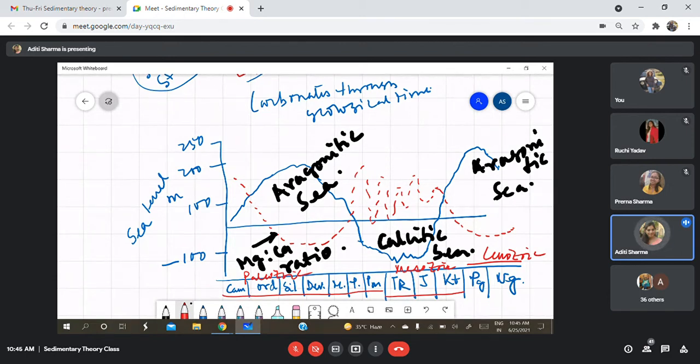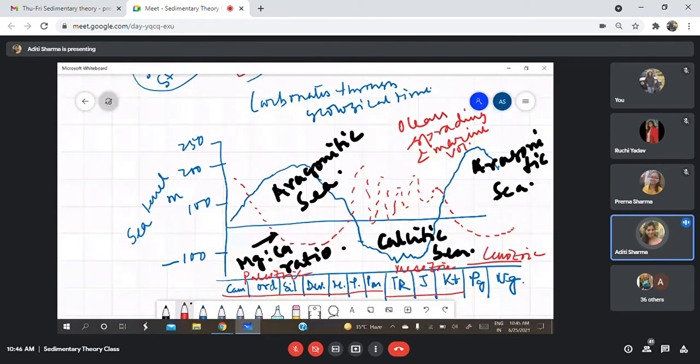There were times when the sea changed. Now what is the reason behind that? During times of more ocean spreading and marine volcanism, what happens?